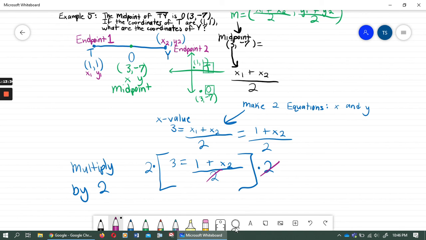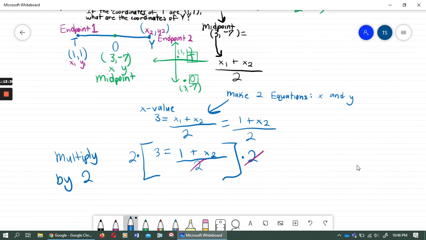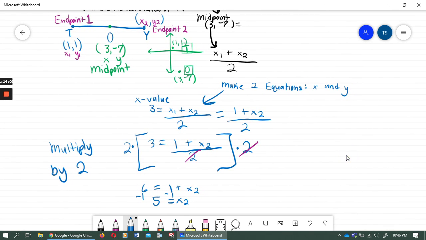So 2 times 3 on the left side gives us 6. We still got 1 plus x2. And again, guys, if we solve that by subtracting 1 on both sides, we get that the value of x2 there is 5. I do apologize about how sloppy this is, guys. Again, we're short on time.